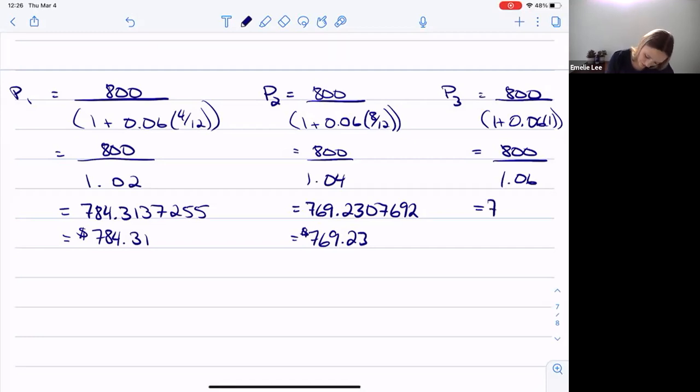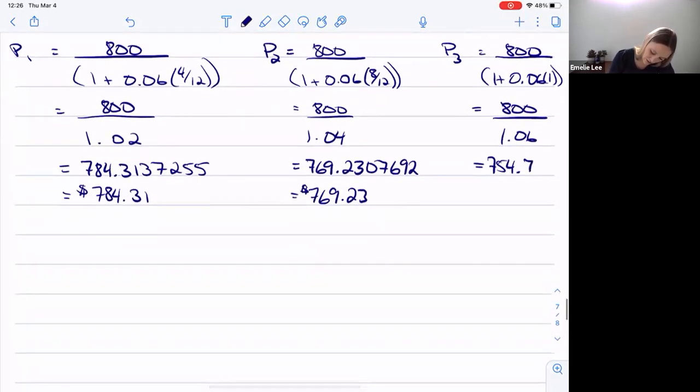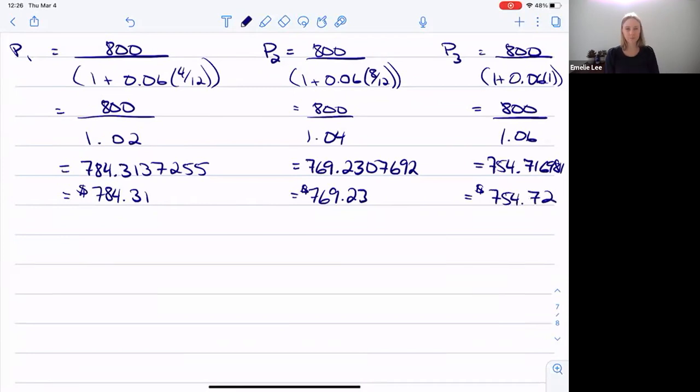I get 754, which checks out with what I just established, right? It has to be less than 769. 754 is less than 769. So that's good. 754.7169811. In money, that puts me at $754.72.